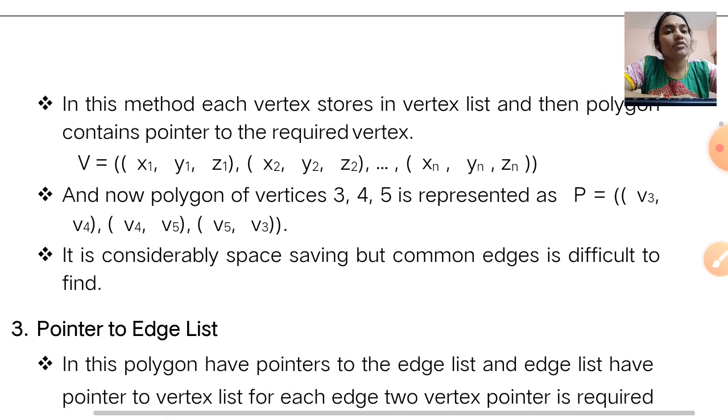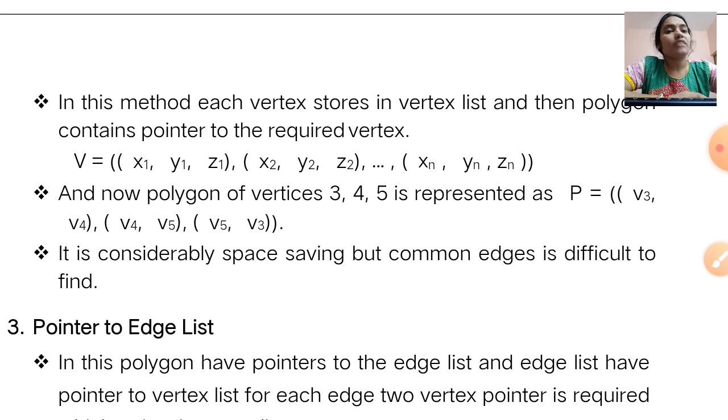It is considerably space saving, but common edges are difficult to find. So in the pointers to vertex list, it can store in less memory space, but it is difficult to find out the common edges.